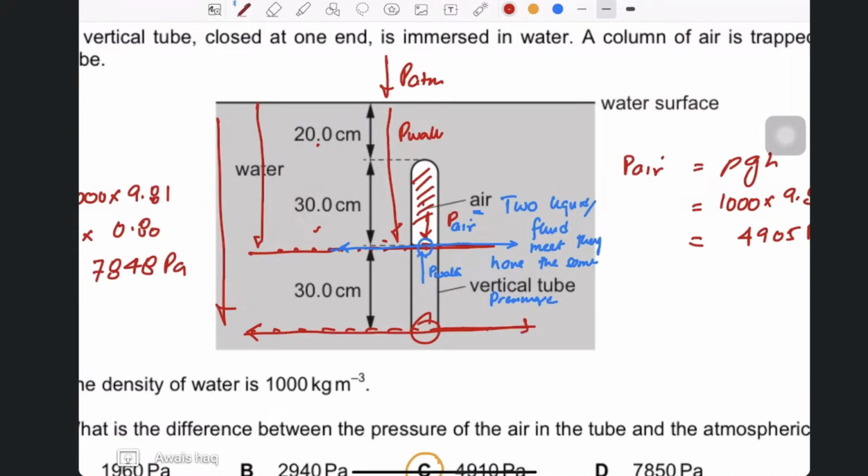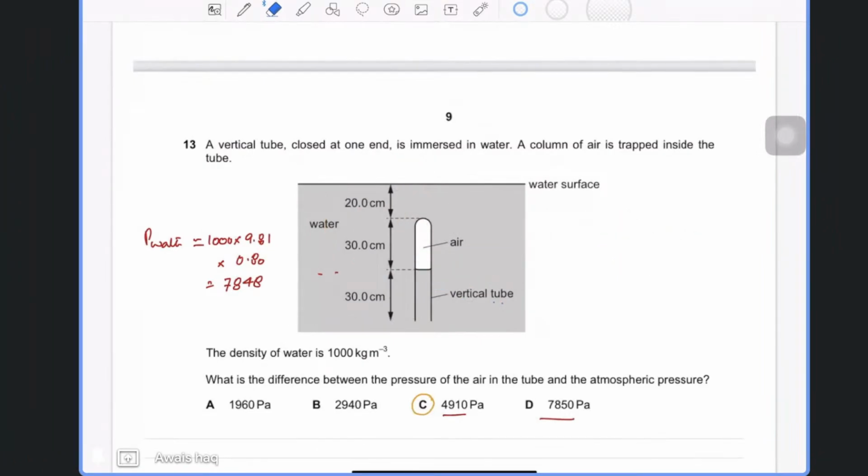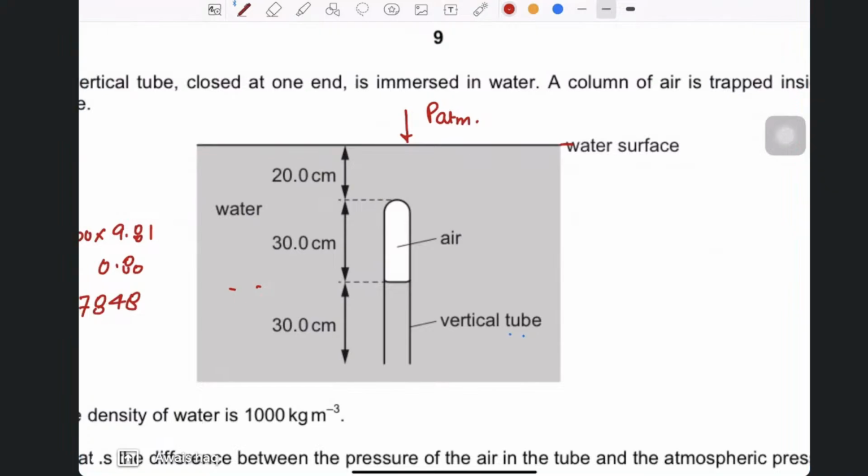Sir, explain again. Okay, again. So what I'm saying is, in this question, let's do it again. So imagine this, right? At the top of the surface, at this position where the water surface is, do you guys agree that there is going to be atmospheric pressure? Yes, sir.